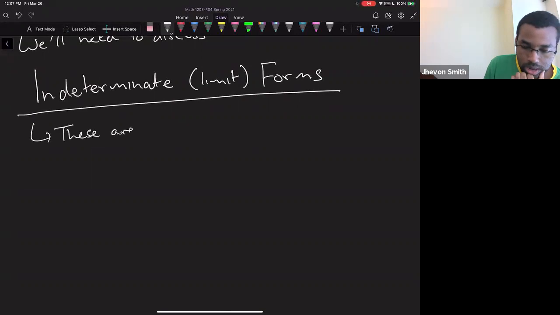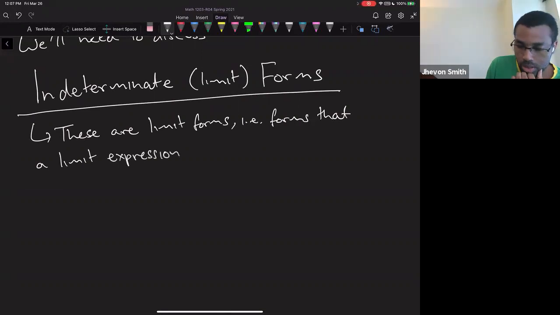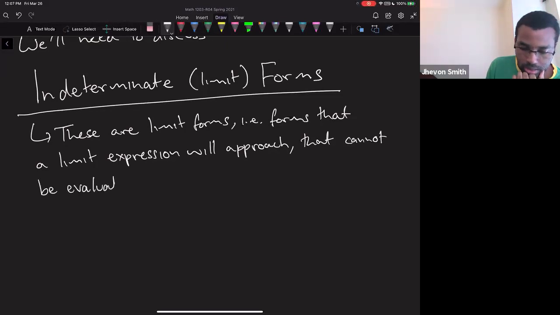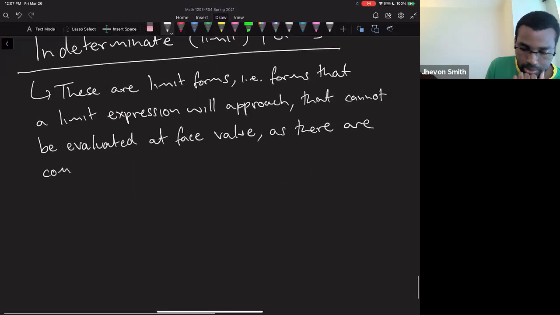These are limit forms, i.e. forms that a limit expression will approach that cannot be evaluated at face value, as there are competing ideas, that's probably the way I want to put it.